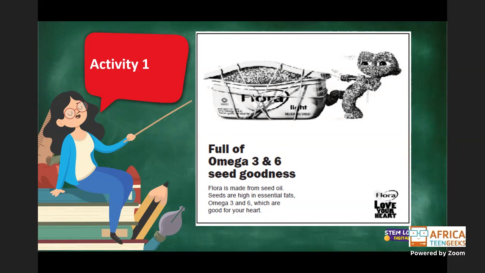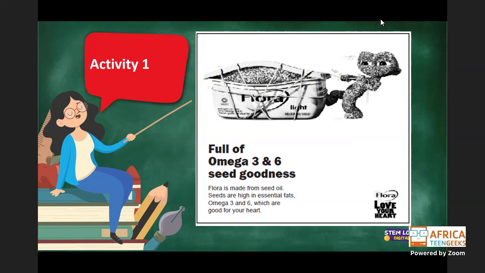So what do you think? The little man there is trying to close the container. That illustrates something as well, and it looks full of something.